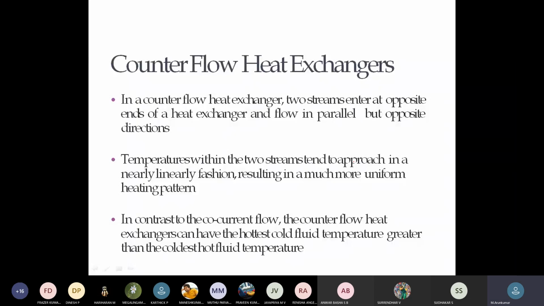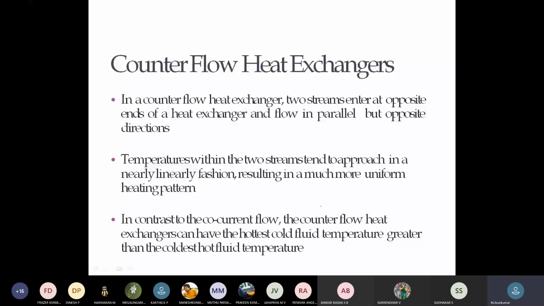In parallel flow, the hottest cold fluid temperature will be less and the coldest hot fluid temperature will be more. But in the counterflow heat exchanger, the hottest cold fluid temperature is high, and the coldest hot fluid temperature is less.